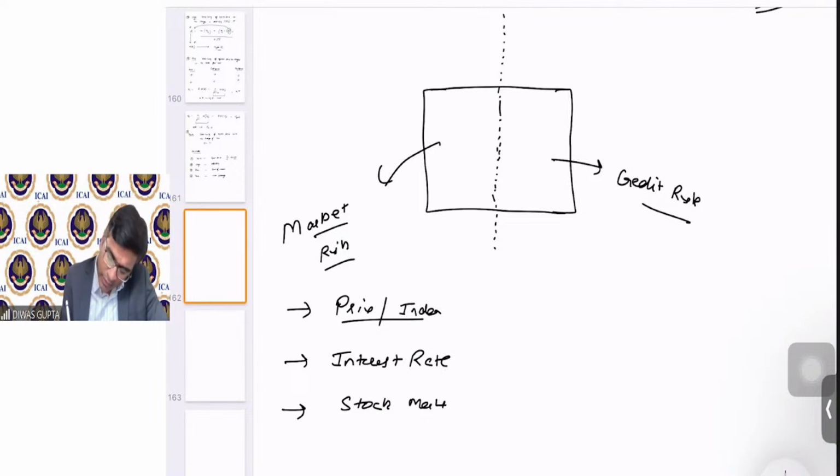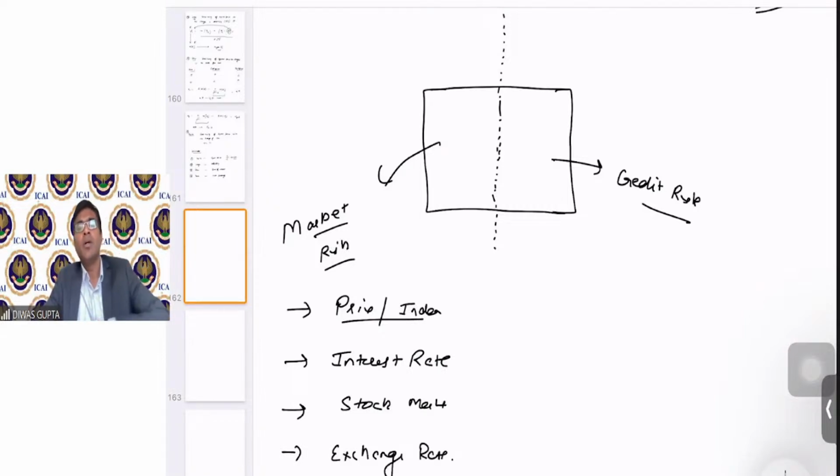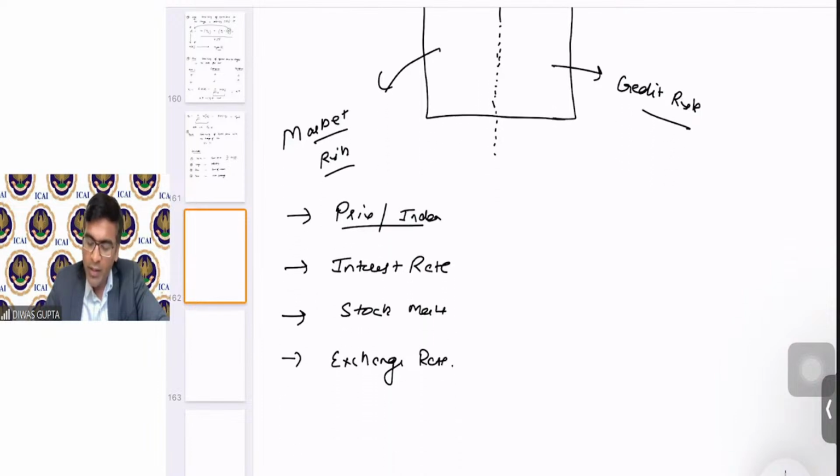It can also be related to exchange rate changes. Correct, students? So market risks will have all these components. Till now, whatever forwards, futures, and options we have studied have only been able to cater to such market risks.